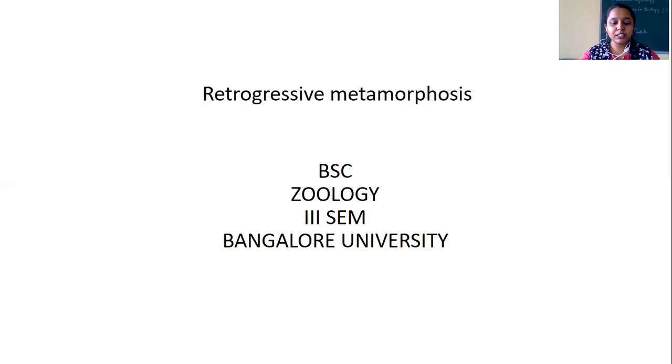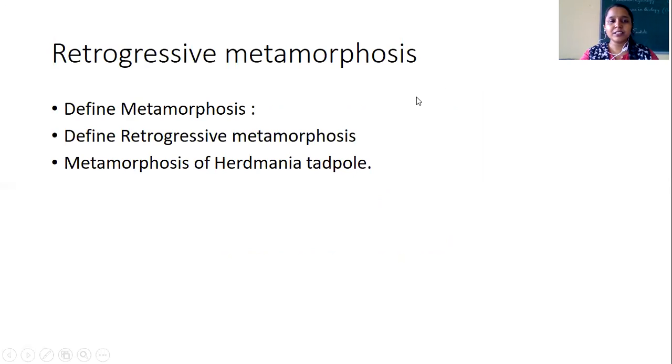But here, in the case of these herdmanians, the metamorphosis is unique because it is not simple metamorphosis, it is retrogressive metamorphosis. Retrogressive metamorphosis is the one in which the advanced characteristic features that are expressed in the larval forms of herdmania will be regressed or converted into a primitive form in the adult one.